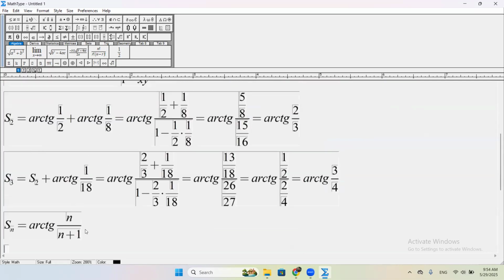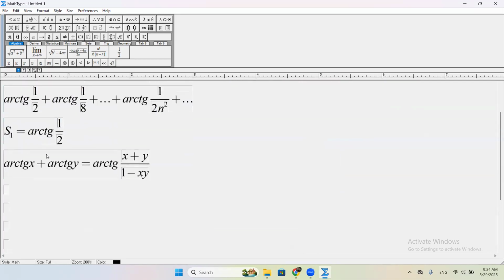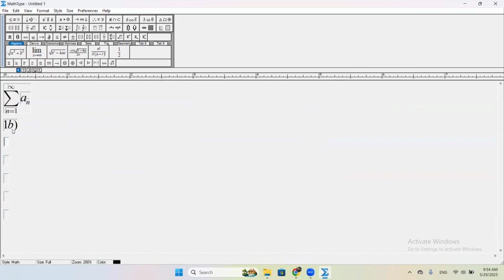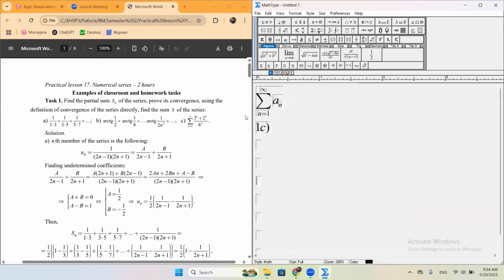Okay, if no questions, let's solve one more exercise with calculating sums of series. So 1C, one more interesting case. We have the following series. By the way, what about hotkeys?